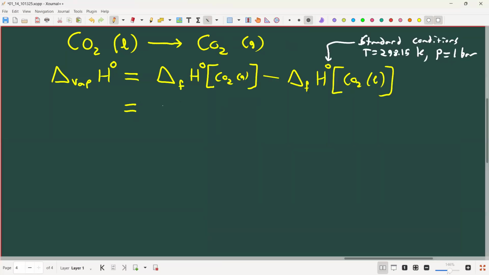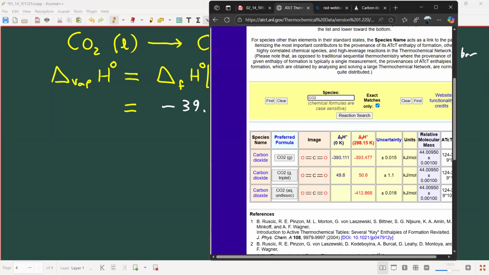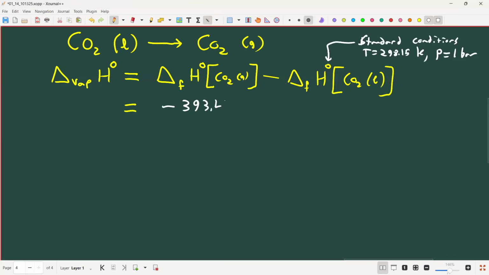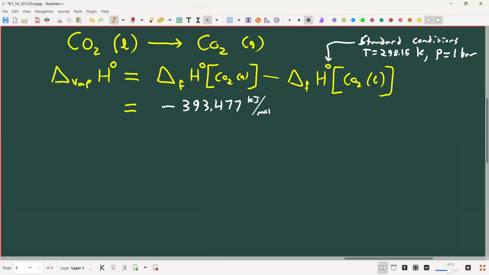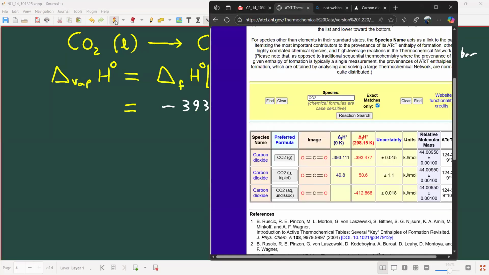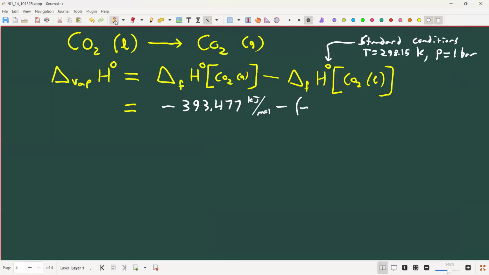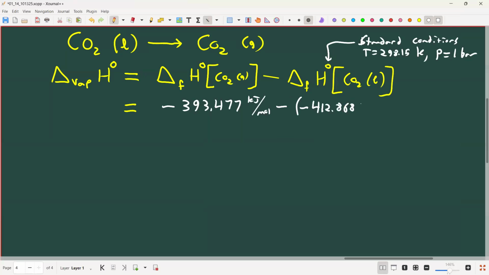So the enthalpy of formation for the gas is minus 393.477 kilojoules per mole. And then we need to calculate it for the liquid, and that's going to be a more negative number. I don't have the liquid number, but we can use the aqueous one. That's good enough for us. Minus 412.868 kilojoules per mole.